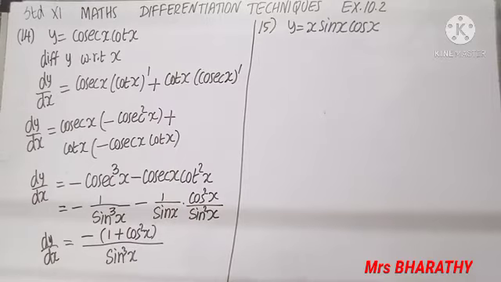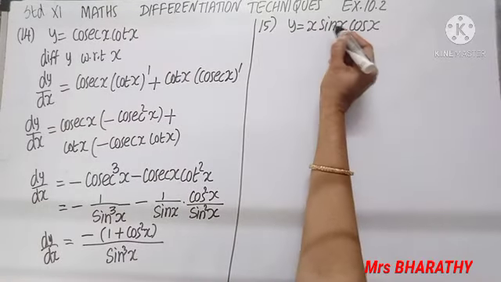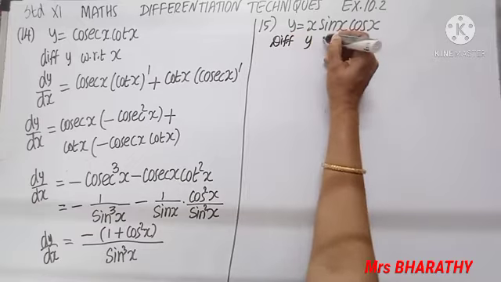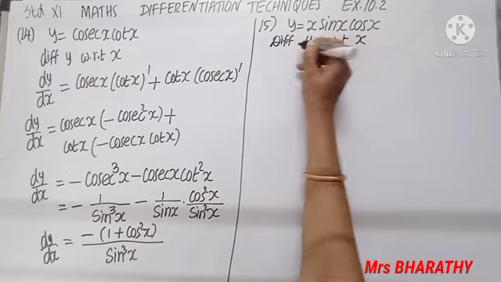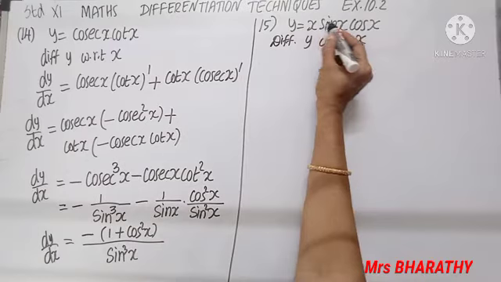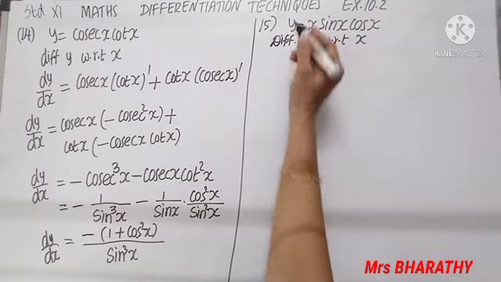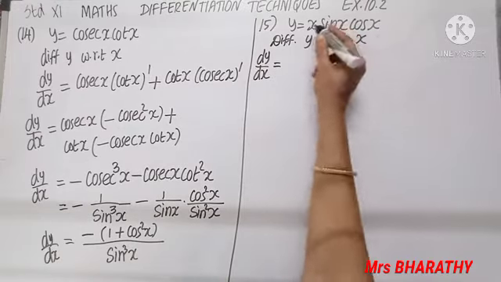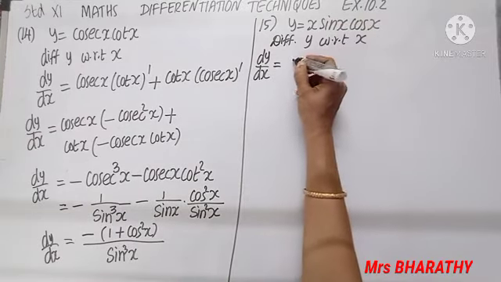Question number 15. y equals x into sin x into cos x. As I differentiate y with respect to x, there are three terms in product. y becomes dy dx. On the RHS, there are three terms.